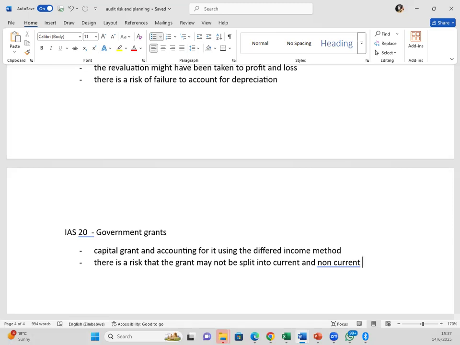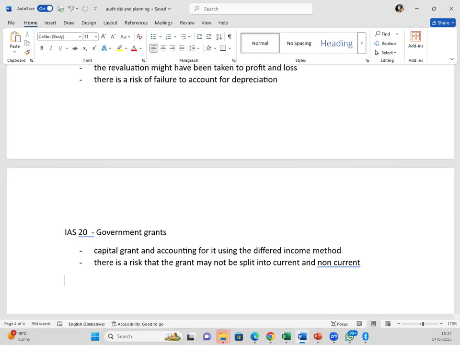It was not split into current and non-current. That can be common because this method has a number of stages. So there can be an issue with accounting for the grant there. I'm not saying that's the only issue, but that's something you can find more often regarding accounting for the grant.